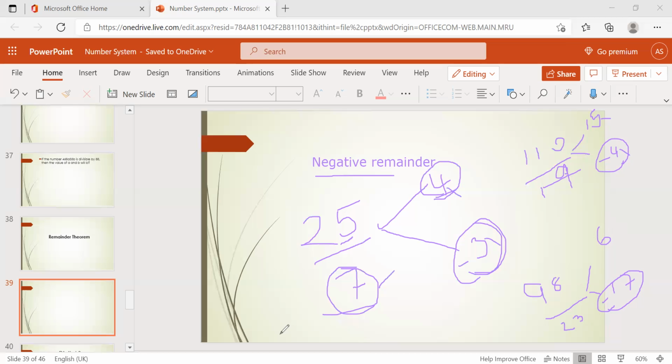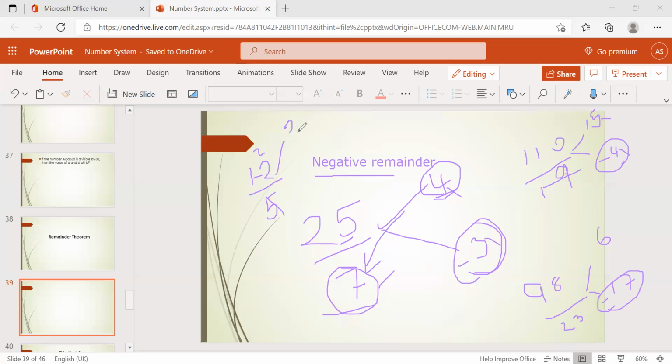So everywhere, the negative remainder and the positive remainder add up to the divisor, right? Clear? So negative remainder is, generally if you take the positive remainder, the nearby value is the lesser value. But for a simple example, take 12 by 5. 5 ones, 5 twos is 10.